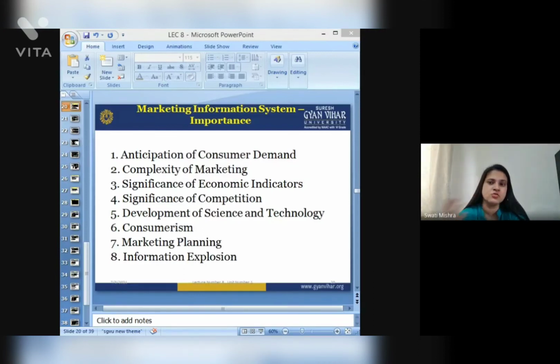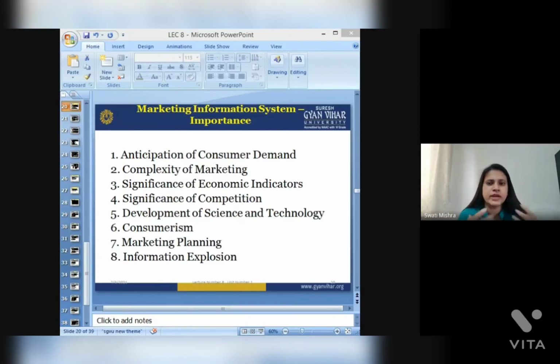Requires new products, new markets, new processes, new techniques to be developed on the basis of the facts and figures, and these are actually done by the MIS or the marketeers. Similarly, consumerism is also making the need of MIS arise and grow more and more, because with increasing consumerism there are increased consumer grievances, and they have to be registered somewhere, and sometimes the organization needs correctly segregated data about these consumer demands, consumer grievances, consumer needs, requirements.